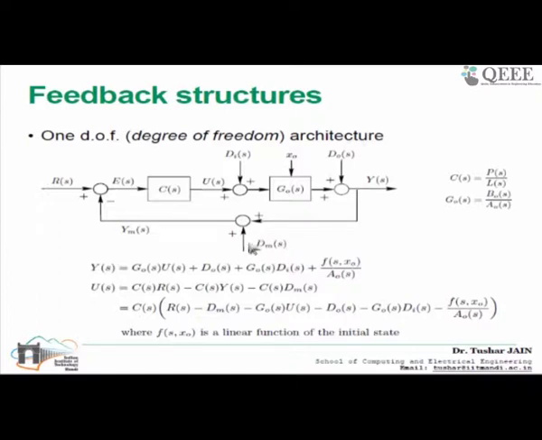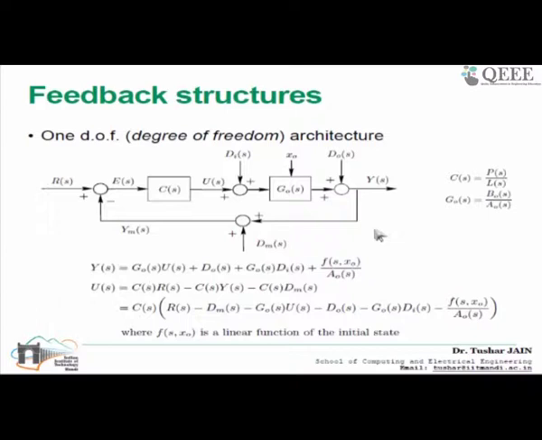These are the free variables. And now if U and Y are stable, this will eventually give me the final stability analysis for the closed loop, that my system is stable.